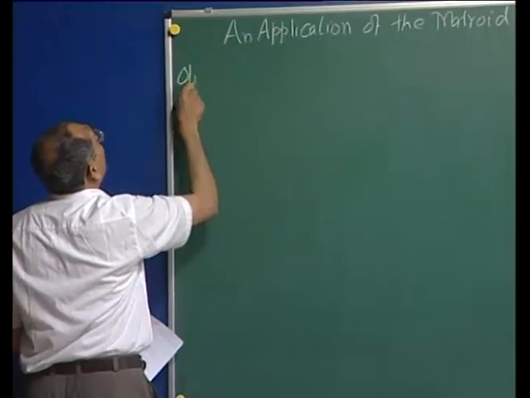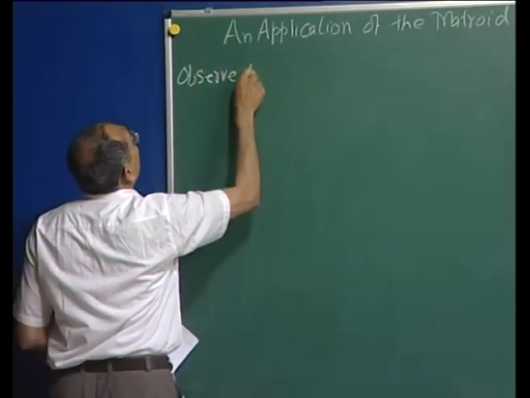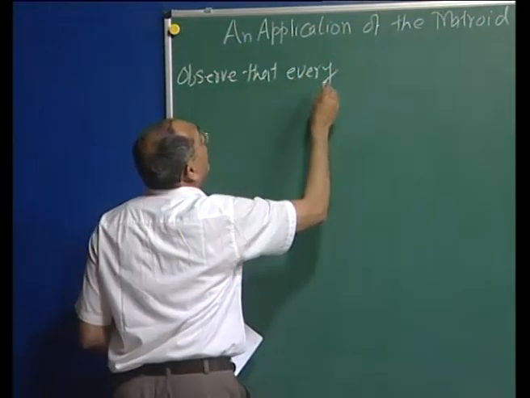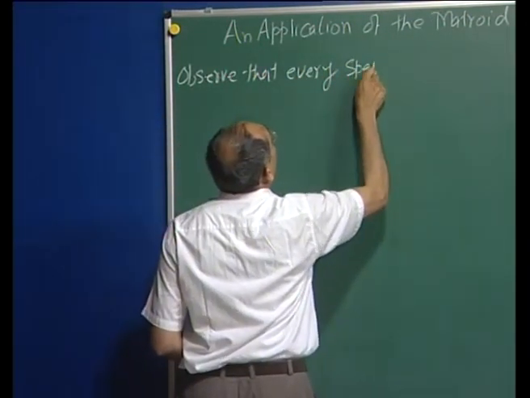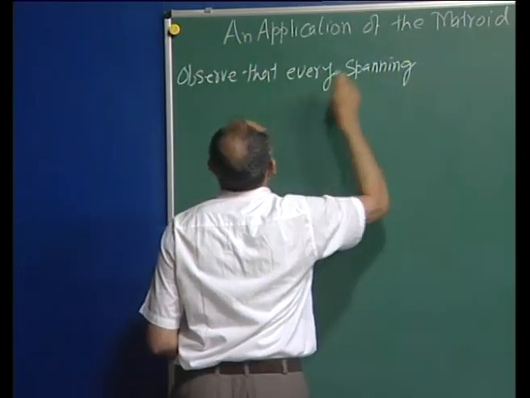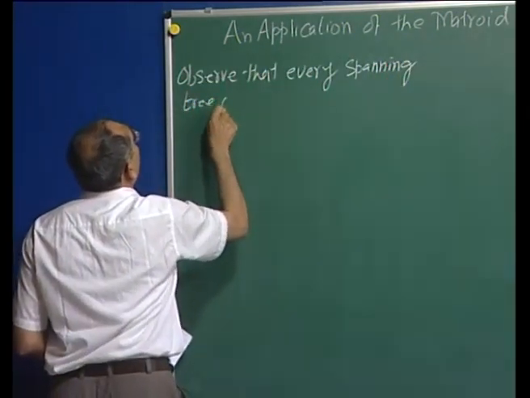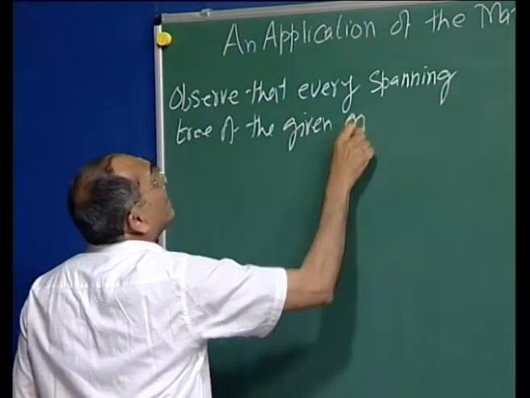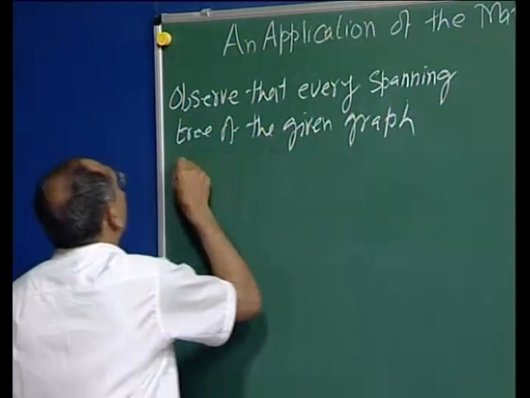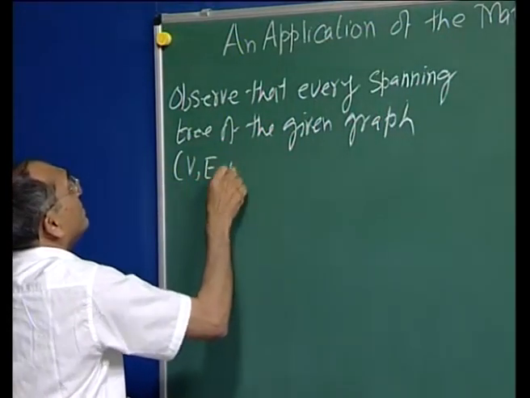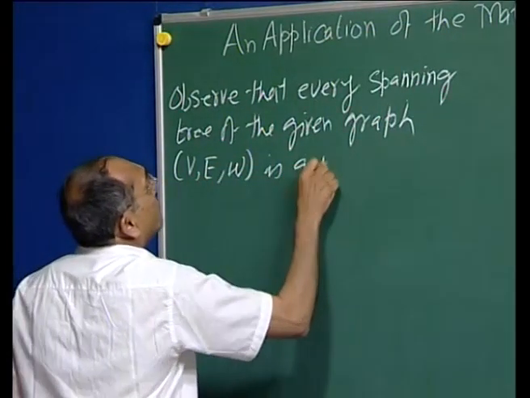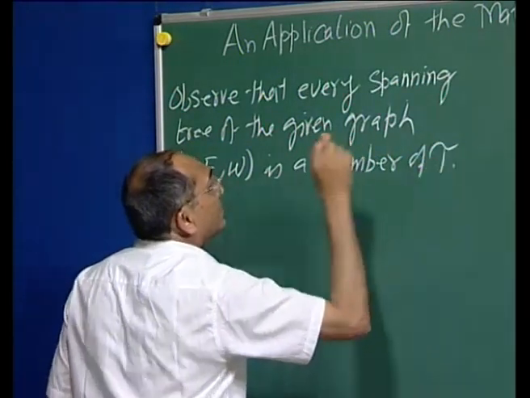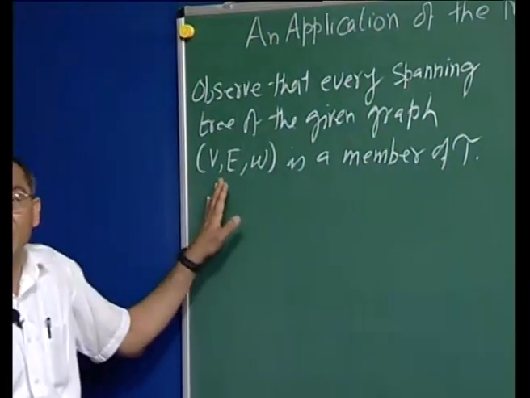Observe that every spanning tree of the given graph V, E, W is a member of T. Now, here we are assuming that the graph is connected.